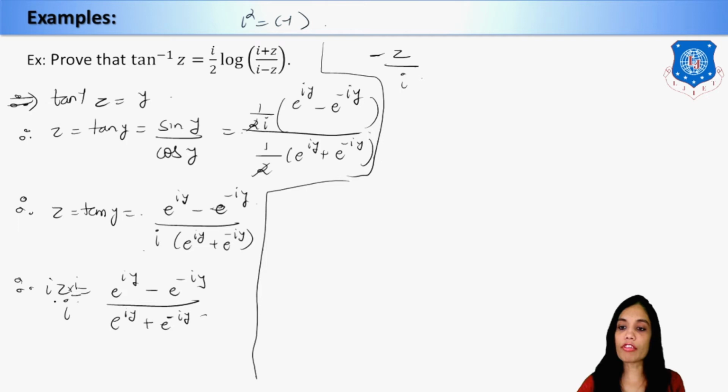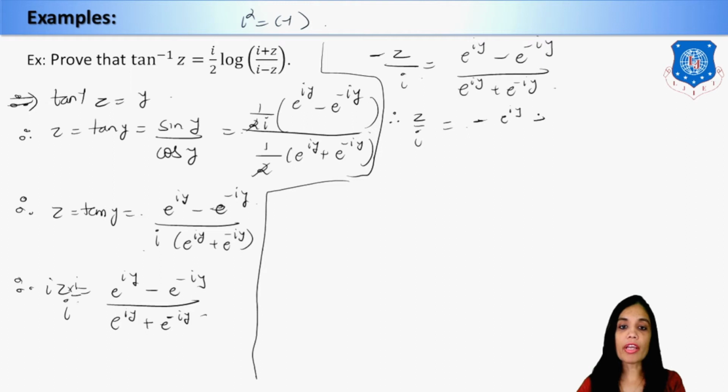This is what we are getting from here, is equal to (e^(iy) − e^(−iy)) upon (e^(iy) + e^(−iy)). Now first take this minus sign over this side. Therefore z upon i will be equal to −(e^(iy) − e^(−iy))... upon (e^(iy) + e^(−iy)).